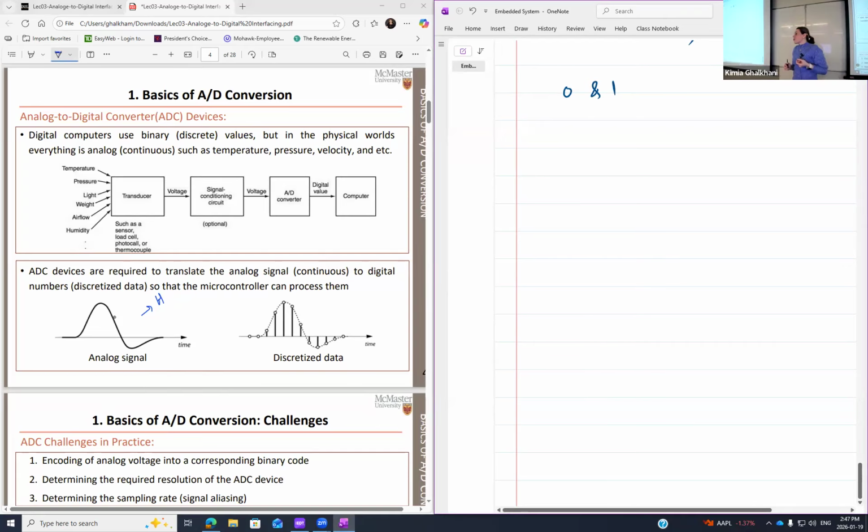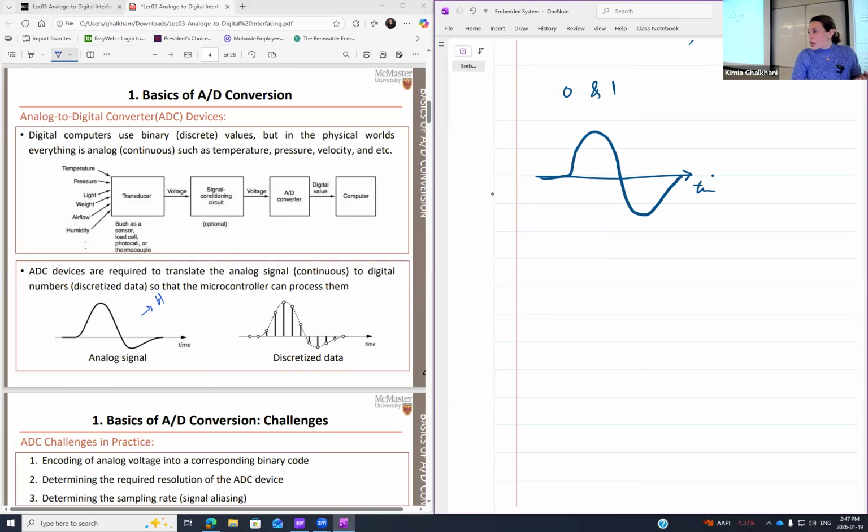And this process of conversion, of a continuous signal, like for example this one. Suppose this is my X axis, which is time. If I'm having a continuous signal like this, this is closer to human language.